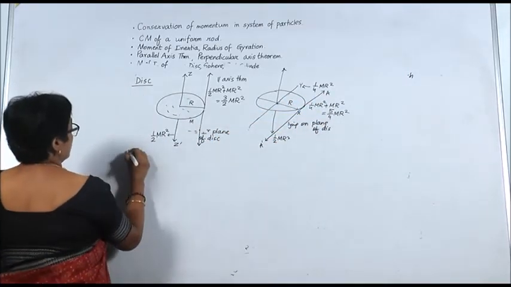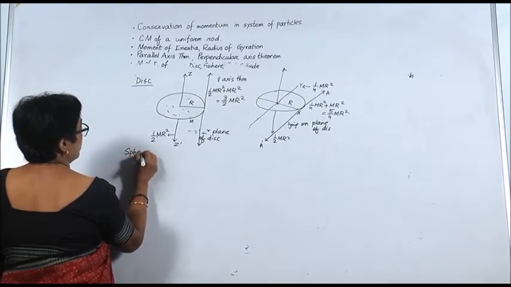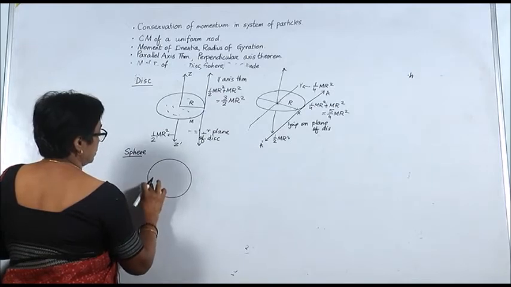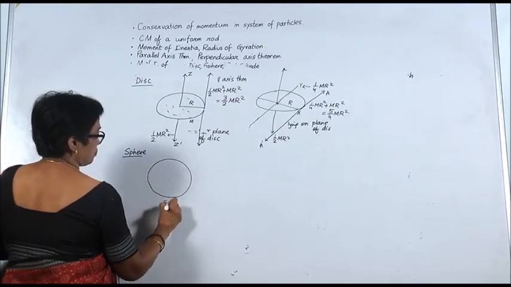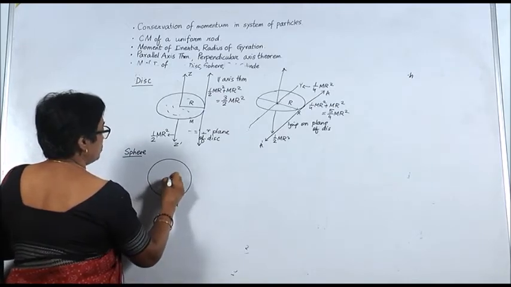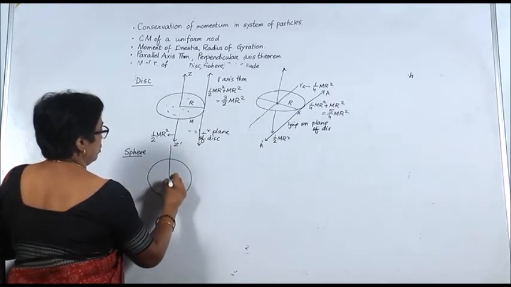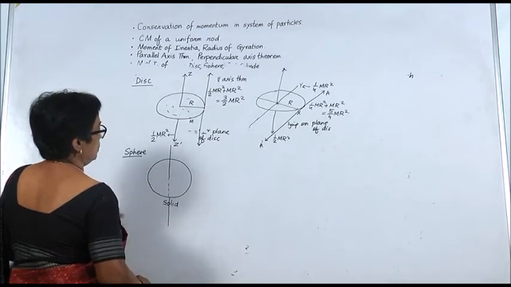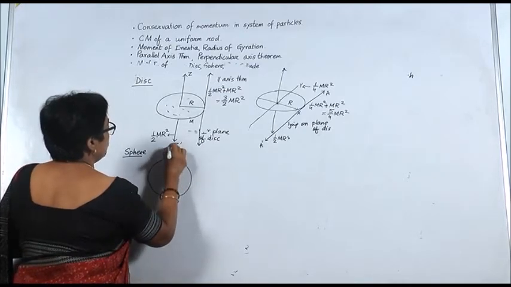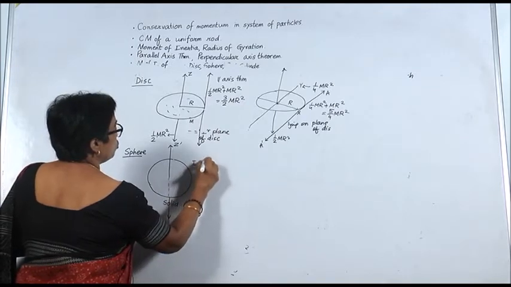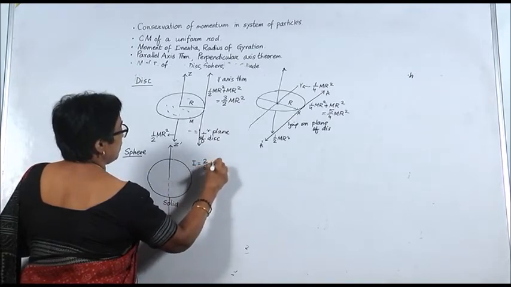Then I will take the case of the sphere. If the sphere is a solid sphere, now for a solid sphere, any axis is the same, it is symmetrical. If you take any axis, all these axes pass through the sphere. For a solid sphere, if this is the axis of rotation, then the moment of inertia is 2 by 5 mr square.